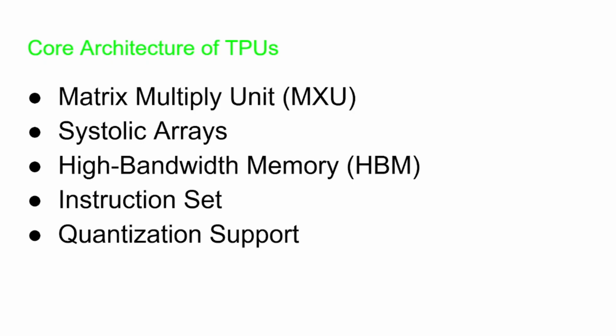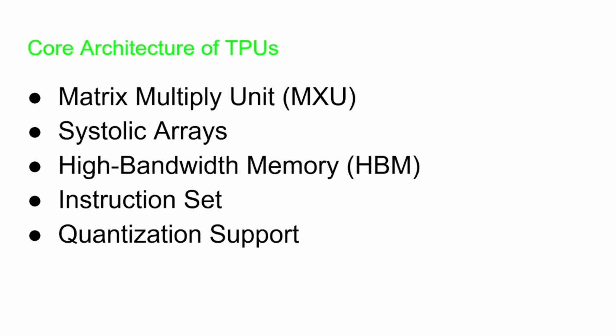TPU version 1 had a 256 by 256 systolic array that performed 65,536 multiply and add operations in a single cycle. This design is much faster than the GPU for this specific operation.